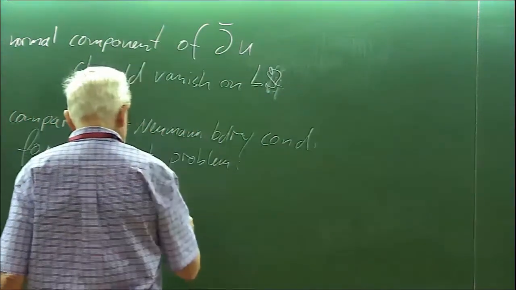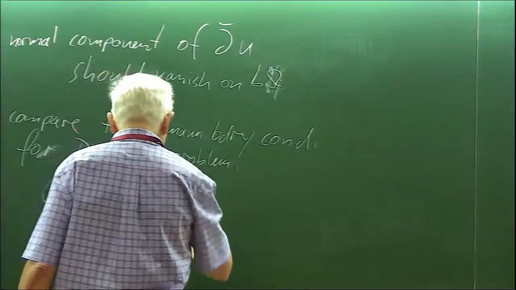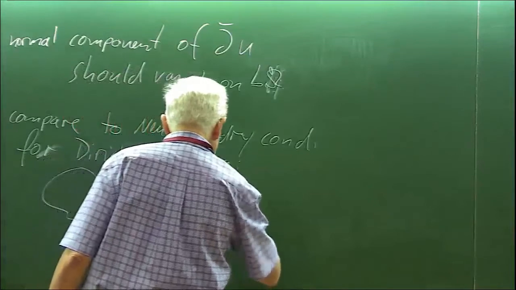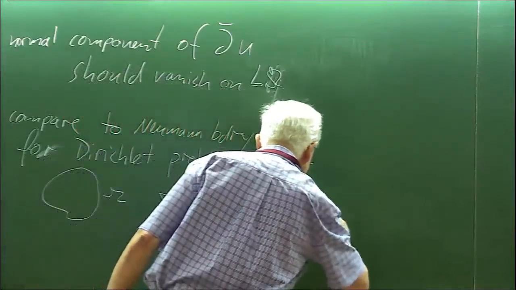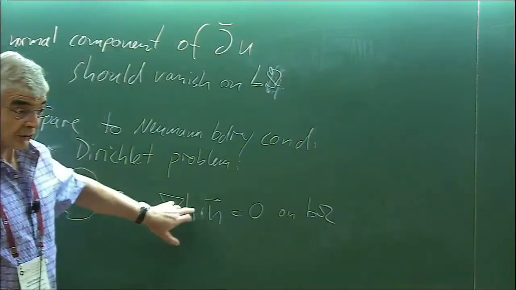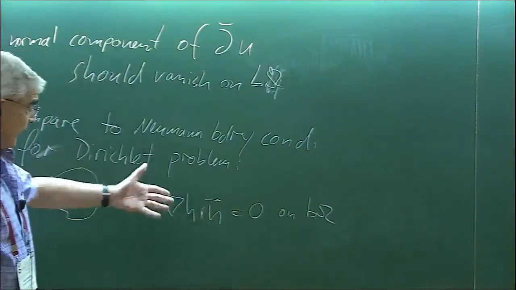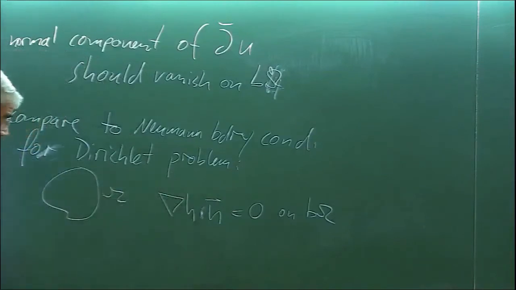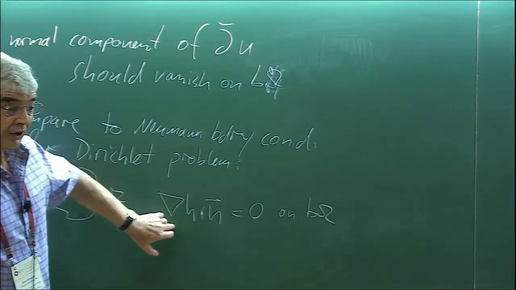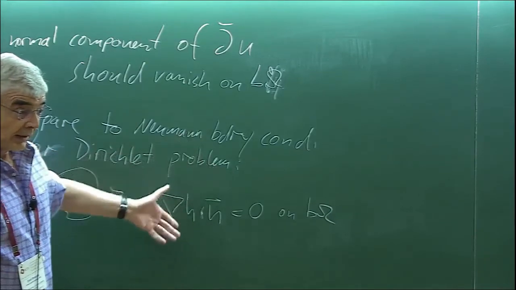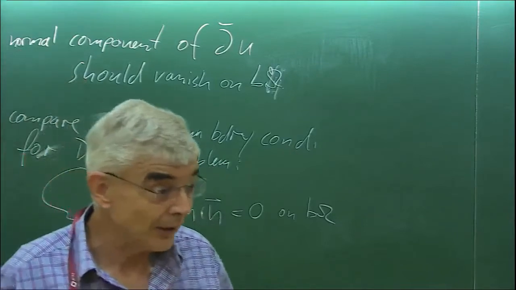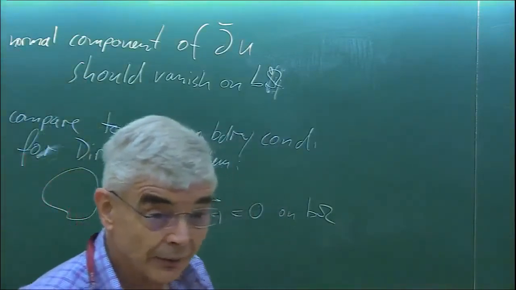I can say gradient h dot the normal should be 0 on the boundary. In other words, the normal component of the gradient should vanish on the boundary, or if instead of the gradient you want to phrase it in terms of forms, you take the differential of h, its normal component, then the Neumann boundary condition says the normal component of the differential of h should vanish on the boundary, right?